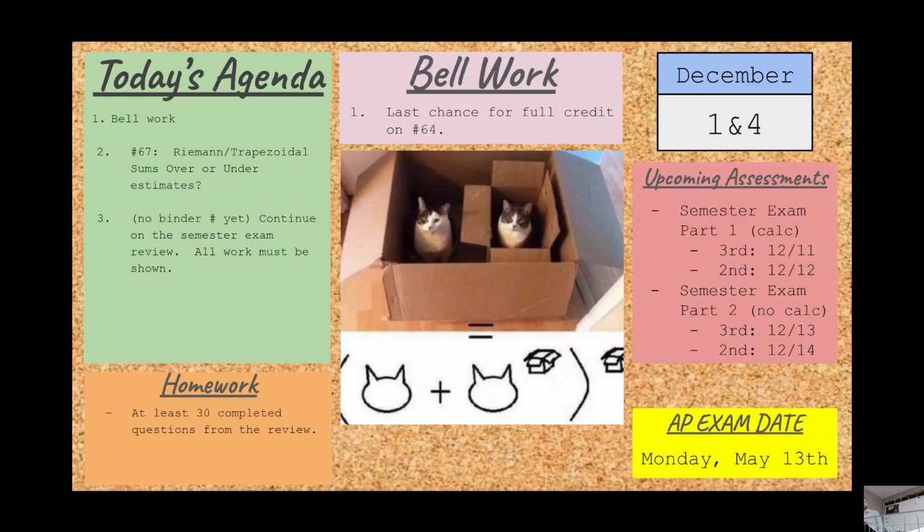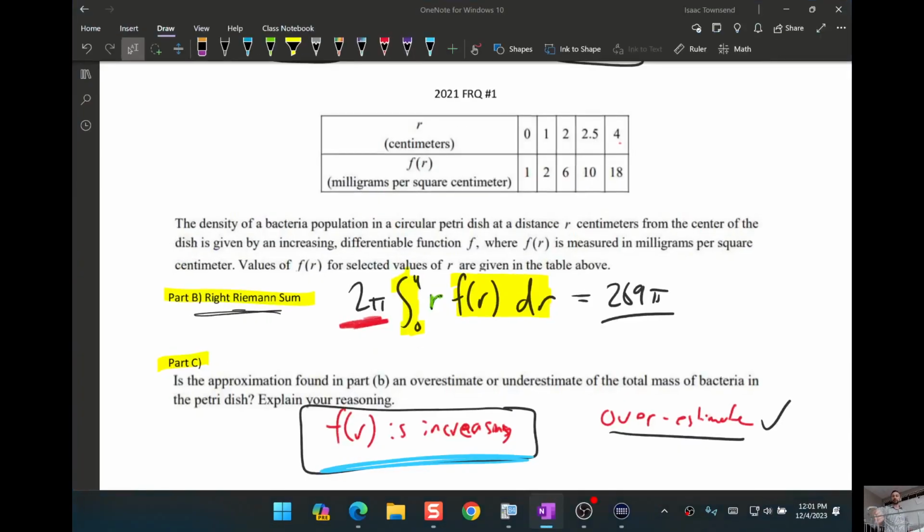I didn't mention, but on your semester exam review, the last couple pages are the answers. There are a couple of typos on there. Question 14 is a typo, although you should realize that one's a typo. Question 19 has a typo on the answer. So you might want to update the answer key.